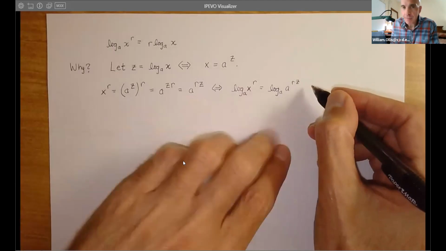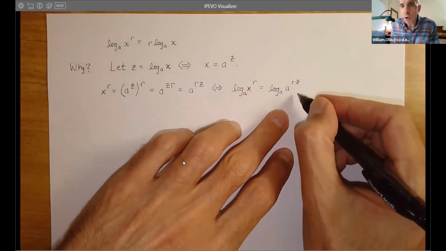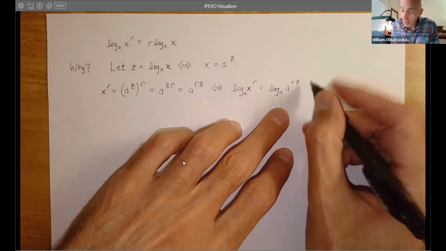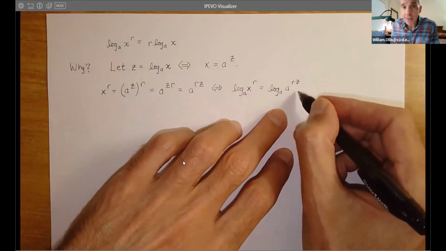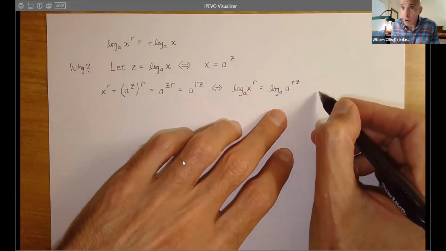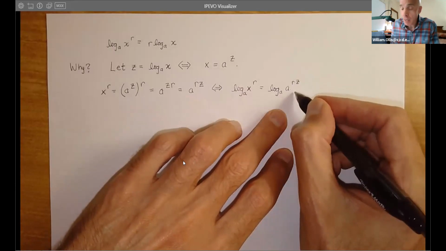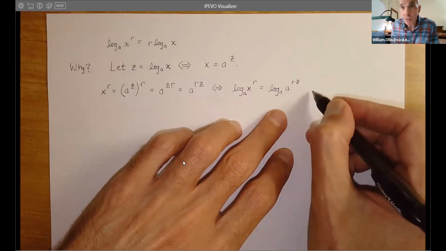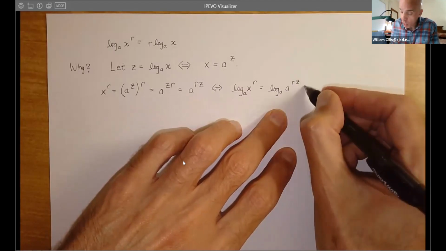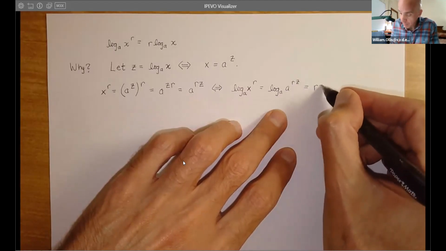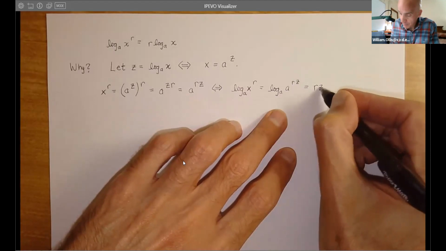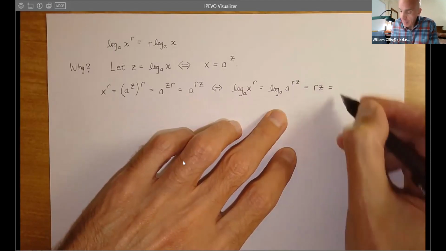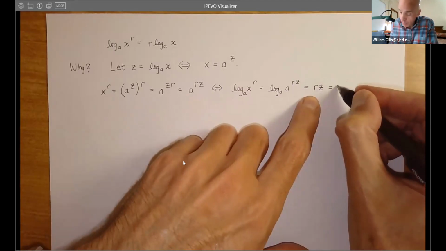Now, this is what we like when we work with logarithms. That is, the power of A that equals A to the rz is rz, because the input or the argument is already a power of the base. So what's the logarithm? Power of the base. So we get rz. And then, of course, r is r.